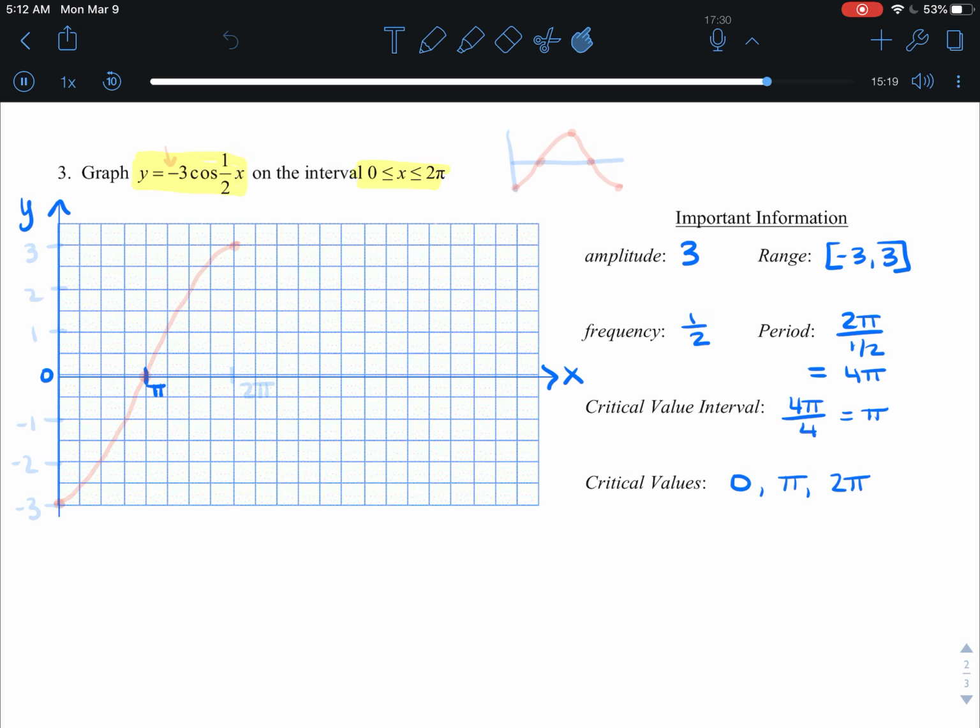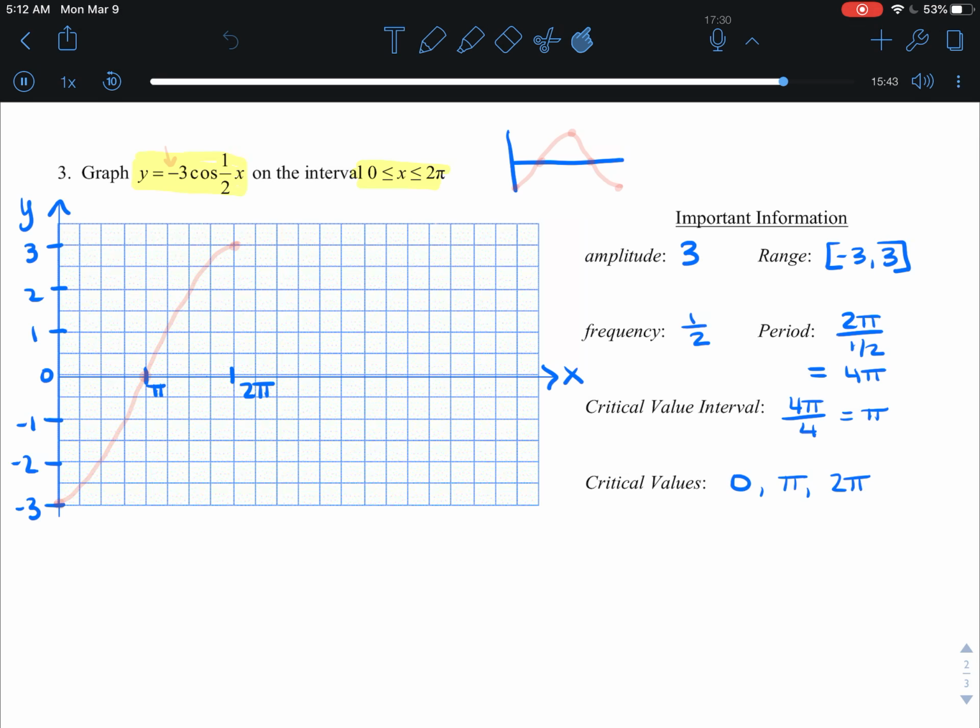Pi, 2 pi. And for my range, I can still skip by 2's. Okay, so we are ready to graph.